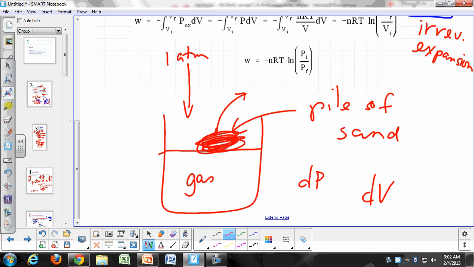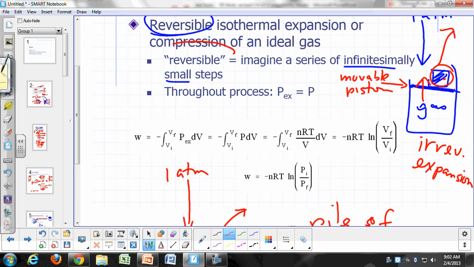Now, even when I'm doing this with just 1 grain of sand at a time, it's still not reversible. Strictly speaking, each one of those finite steps is an irreversible process. But to get the idea, a reversible process is really an imaginary process. If you make an infinitesimally small change in the external pressure, then you're doing it reversibly.